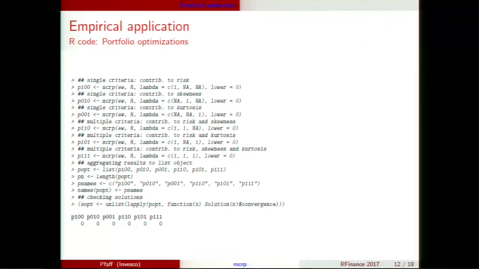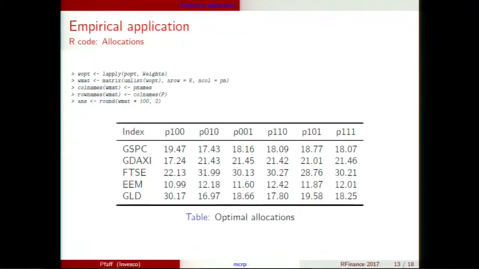So all 0, all good. Let's take a look here at the weights. When you recall the standard deviation of the returns, the skewness, as well as the kurtosis for each of those 5 return series, you will see that those marginal higher moments of the returns somehow show up here also in the allocation.